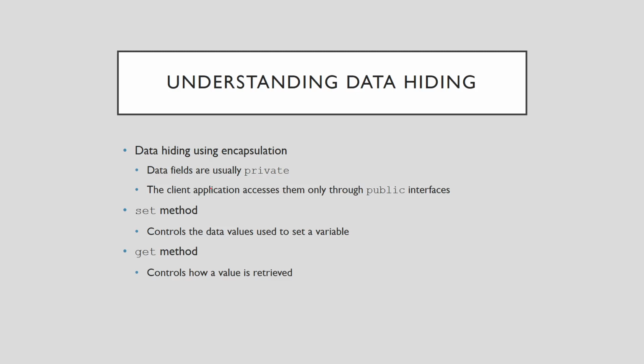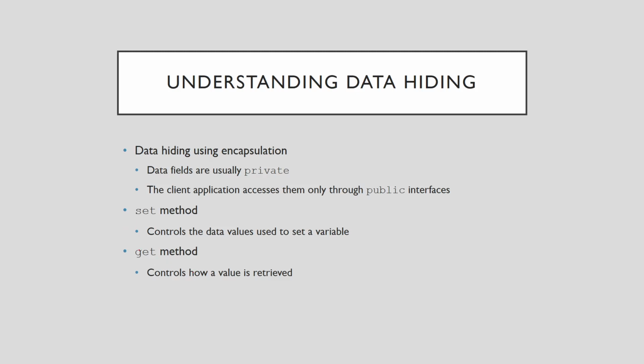Now, the data hiding. To prevent the outside access of the data, we have to use the private access modifier. But to set and get, or to access the values of those data, we have to use the public methods, the getter methods and the setter methods.